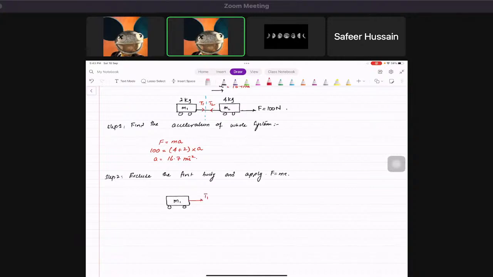Of course, the acceleration of the whole system is the same, so it will be 16.7 meters per second square, and the mass is 2 kg. Now just separately apply F equals ma, and this will be T1, the mass is 2, and the acceleration is 16.7, so you should end up getting something like 33 newtons, right? Is it clear?